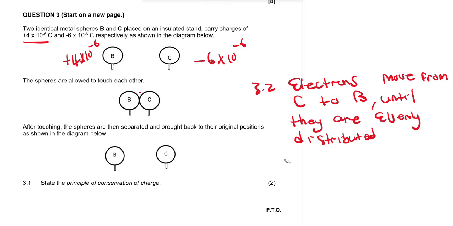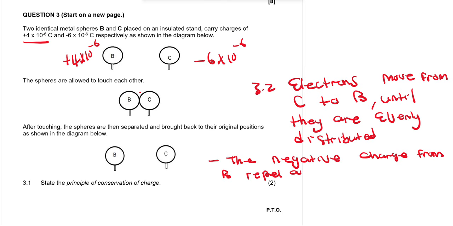Okay, let me write it here so I can see. The negative charge from B repels away, towards what? Towards the left.